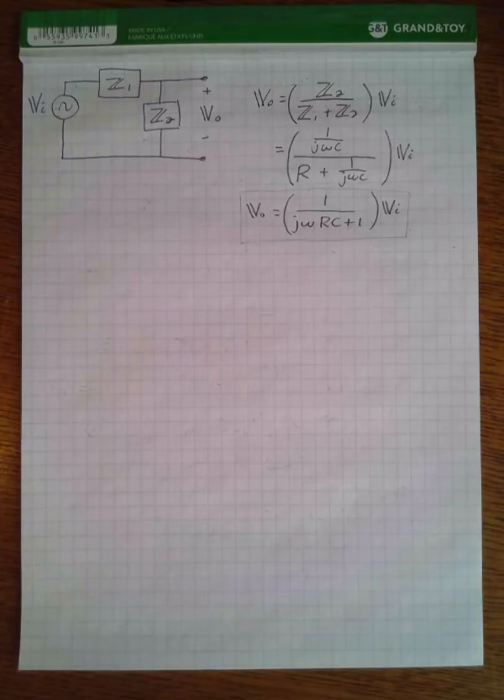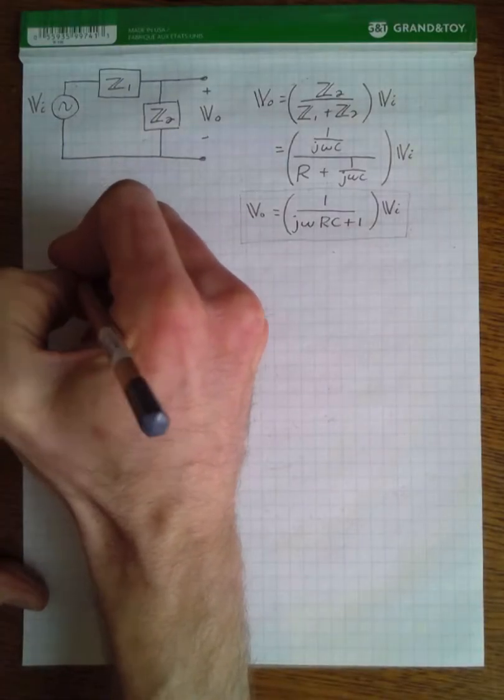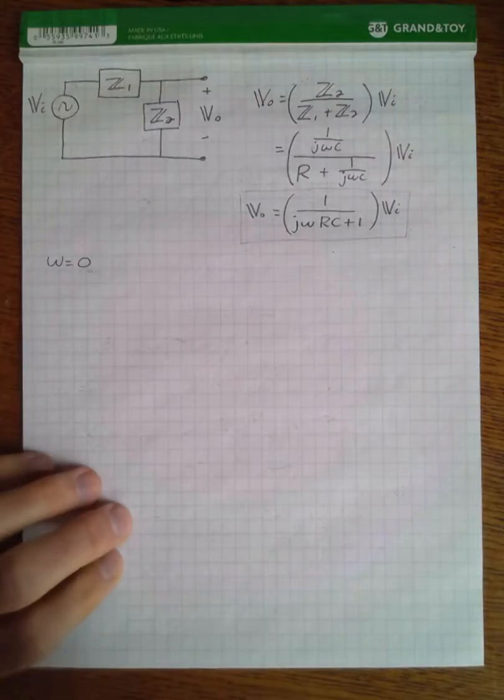I just want to now explore the behavior of this particular circuit when we have, let's say, a very low value of omega or a very large value of omega. So let's start with a very low value. Let's assume that omega is equal to 0.